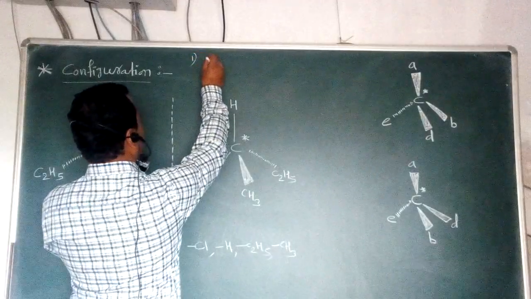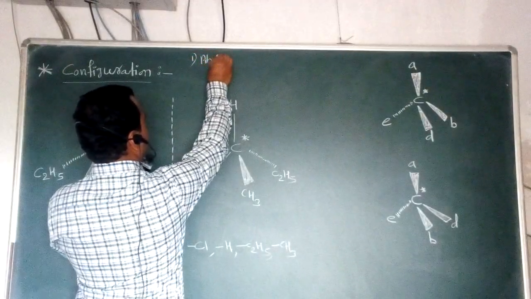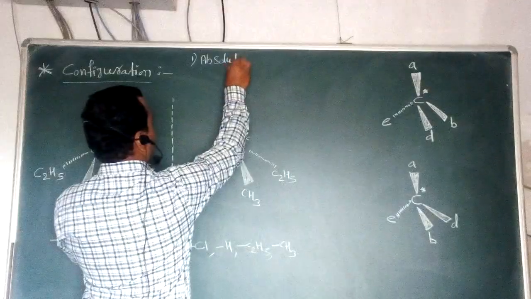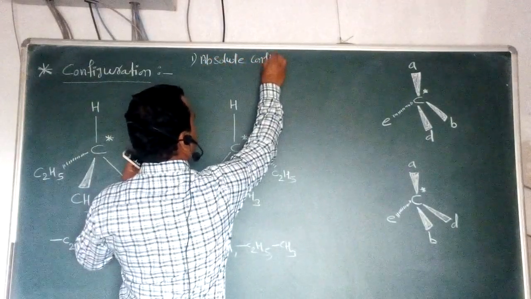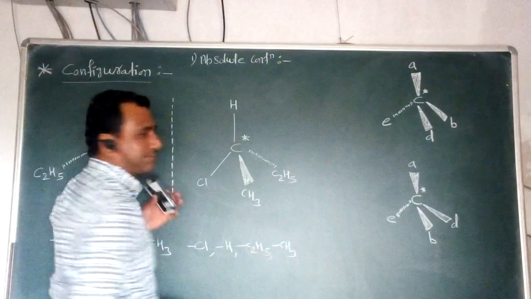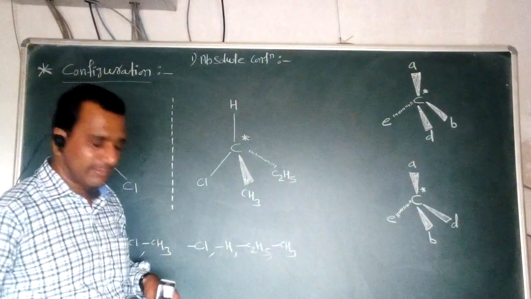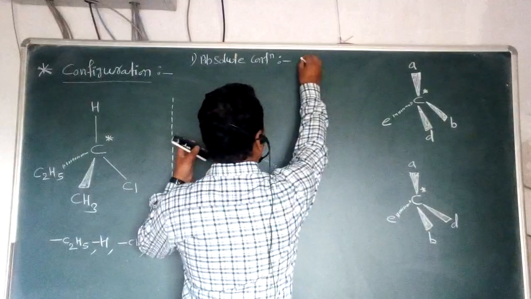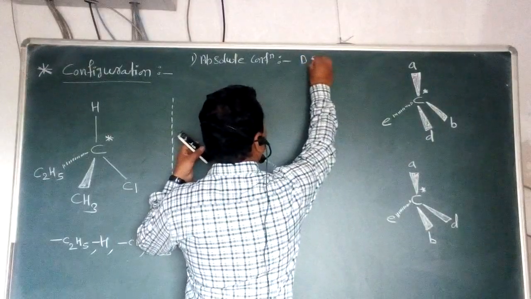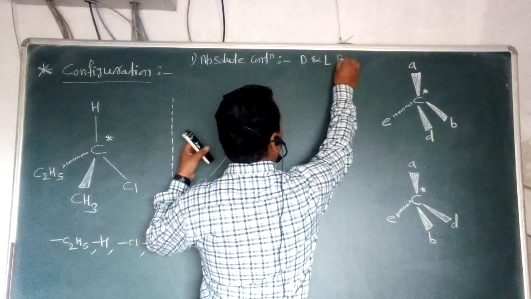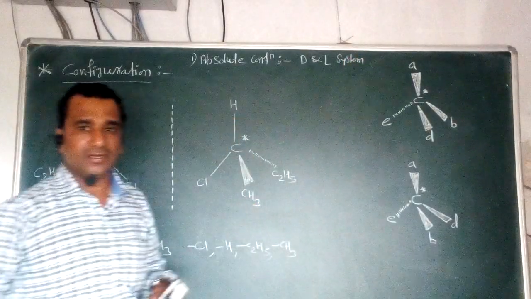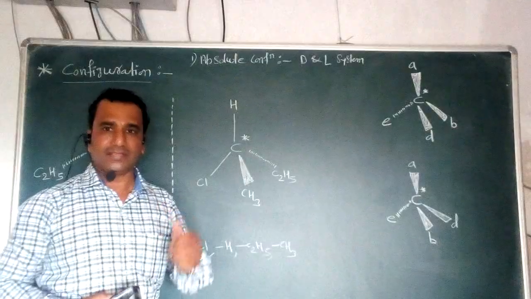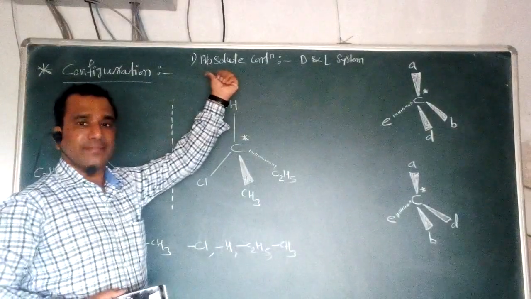The first important type is the absolute configuration, and in this, two nomenclature systems are used, that is the capital D and capital L system.